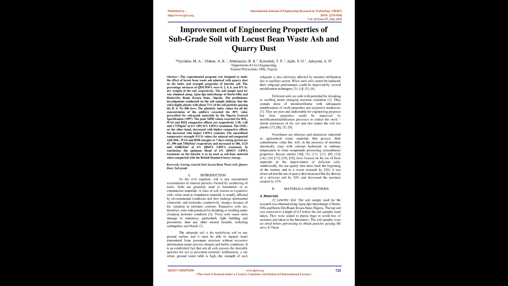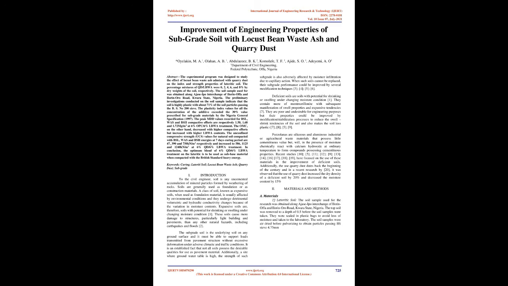The peak MDD values recorded for BSL, WAS and BSH compactive efforts are respectively 1.50, 1.68, and 1.72 mg/m3 at 6% OPC/6% LBWA treatment. The OMC, on the other hand, decreased with higher compactive efforts but increased with higher LBWA contents.